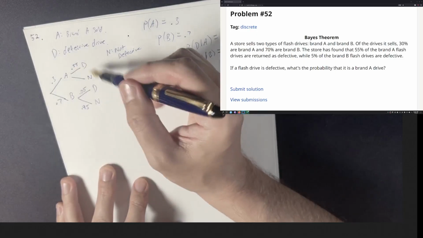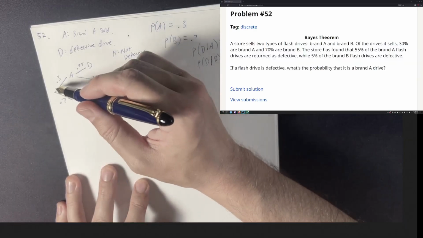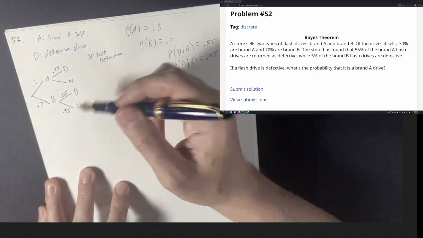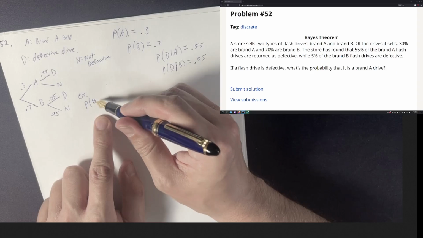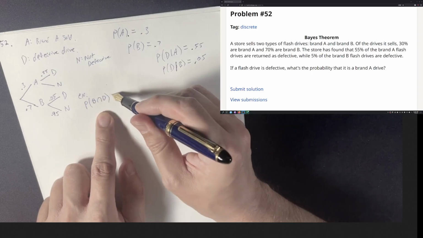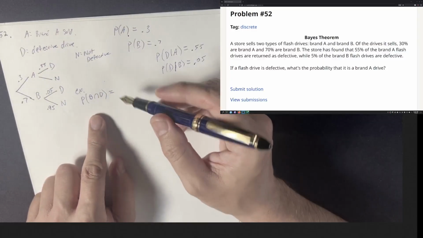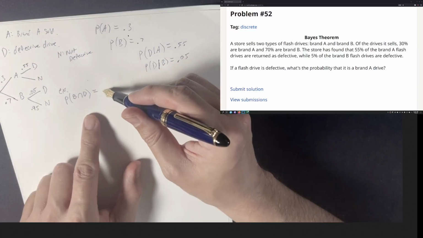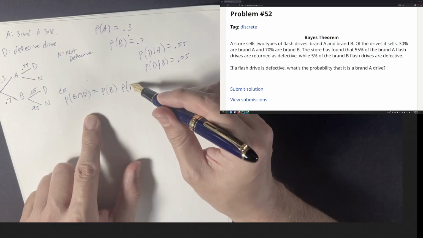And it's nice to lay it out in a tree like this, because then if you want one particular result, like B and D, just for example, the probability of being from brand B and being defective is just the product, this times that. Now, if I write down mathematically, what we're saying is that this is, by definition, this guy.